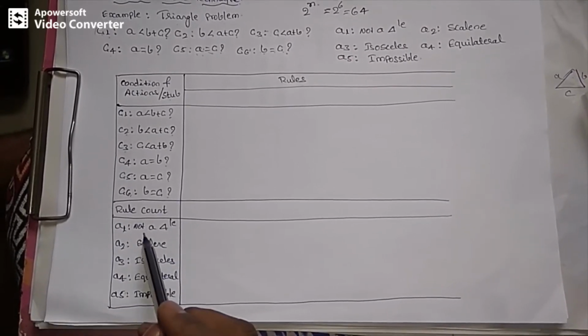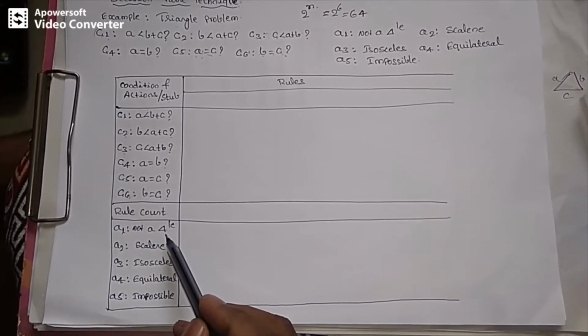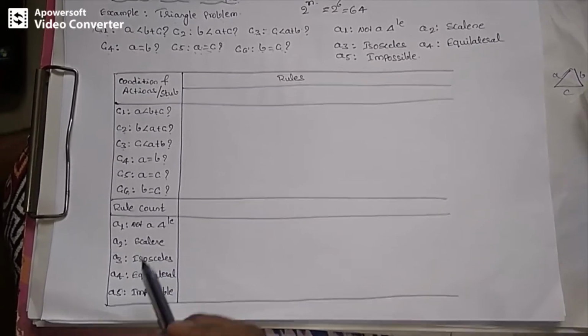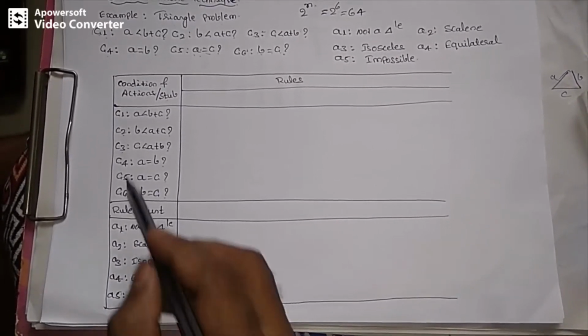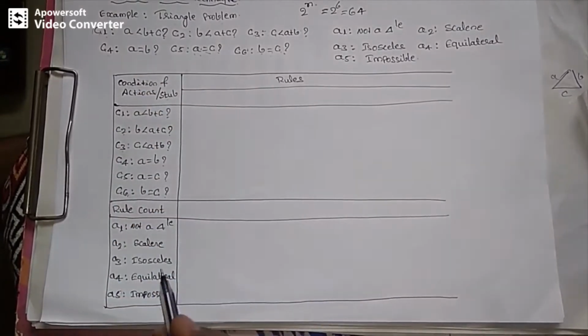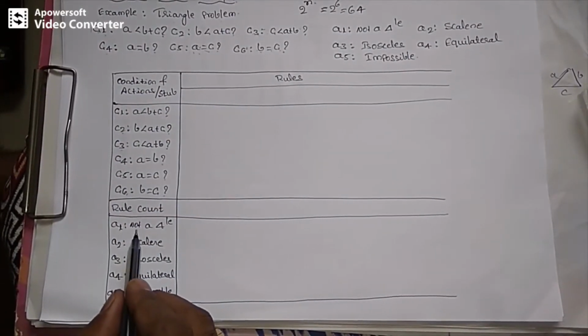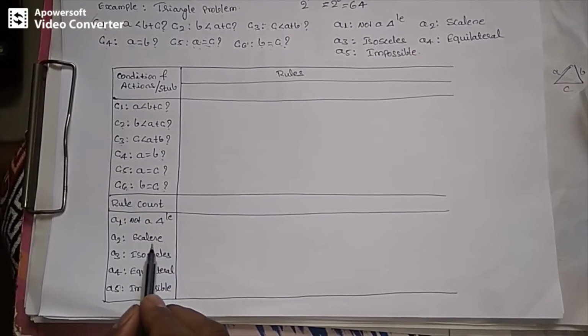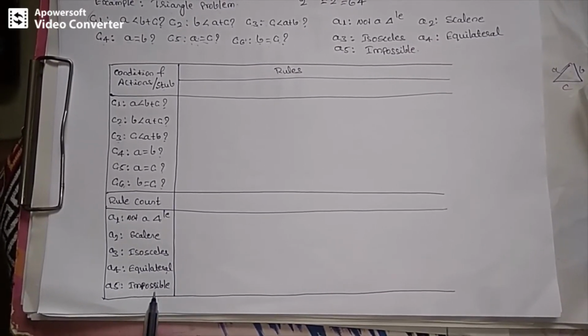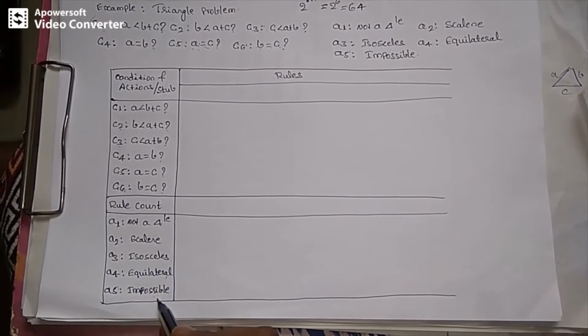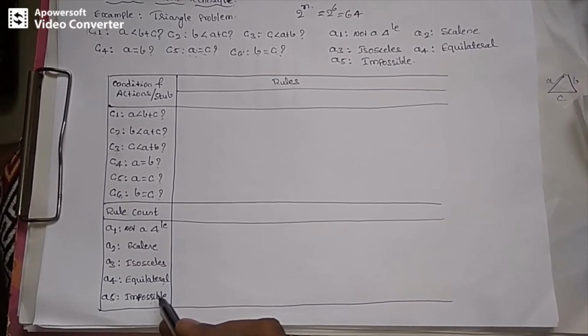Here we list the possible outcomes. As per the triangle problem with the decision table technique, there are a total of 5 possible outcomes: not a triangle, scalene, isosceles, equilateral, and impossible.